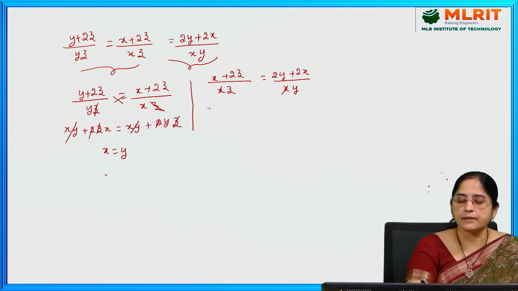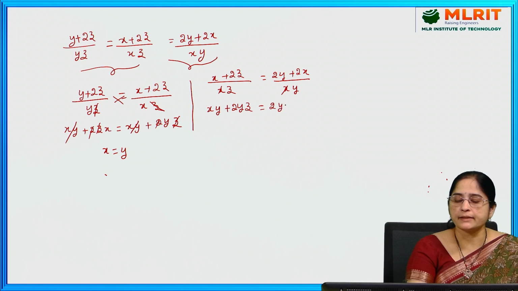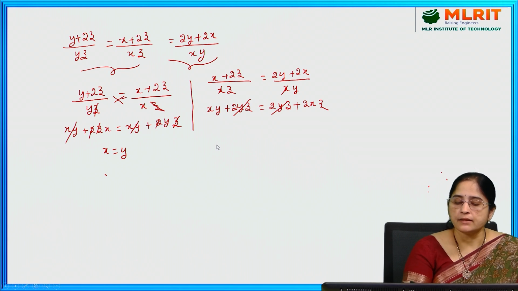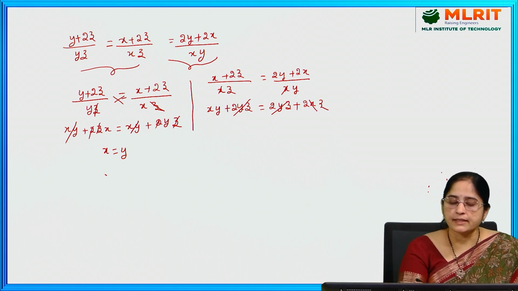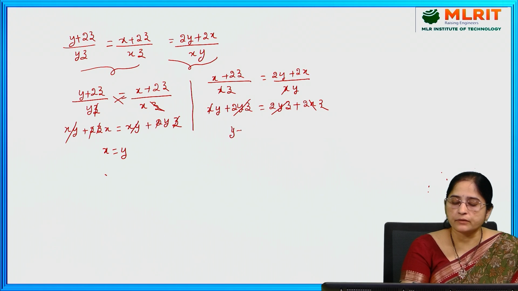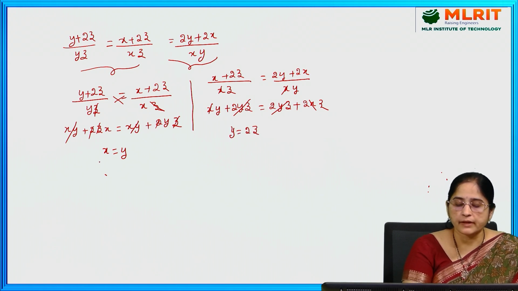Cross multiplying, xy plus 2yz equals 2yz plus 2xz. 2yz cancels, x also cancels, and we get y equal to 2z. But y equals x, so x equals 2z. So z equals x by 2.